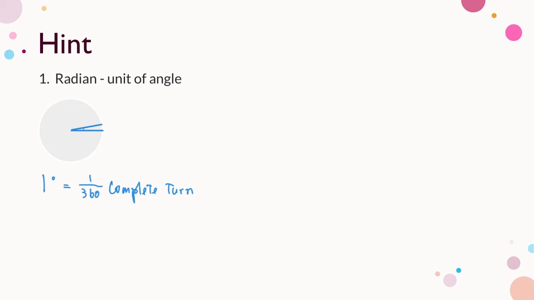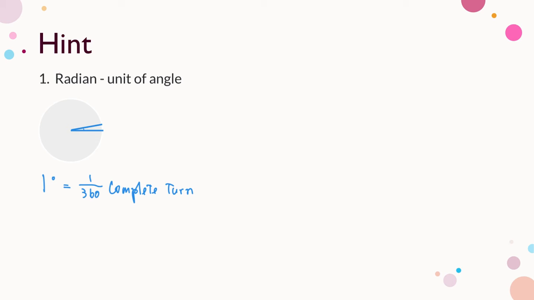In case you are not clear with the definitions of the terms used in the question, the following points are for your reference. 1. Radian. Other than degree, radian is a commonly used unit for angles, particularly in advanced mathematics. For degree, an angle of a complete turn is equally divided into 360 parts. An angle of 1 degree means an angle of 1 part of the above division.